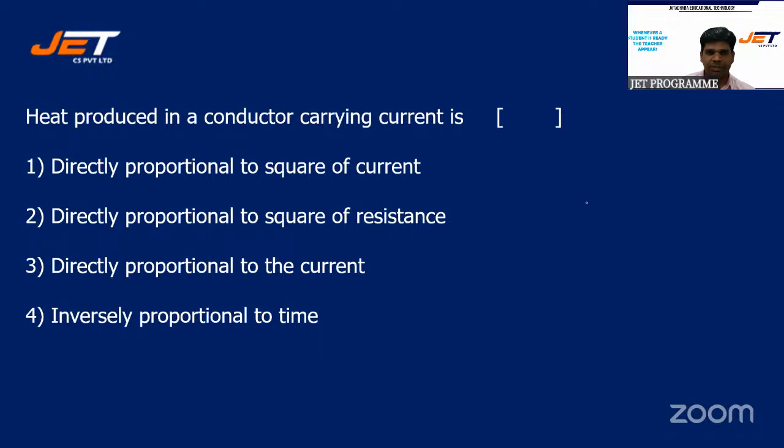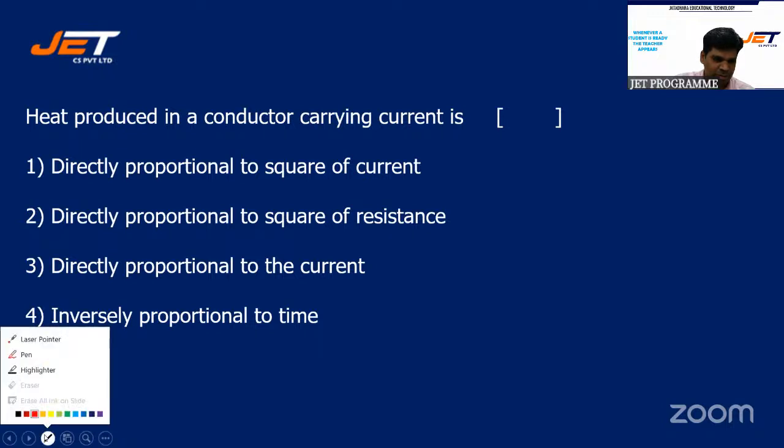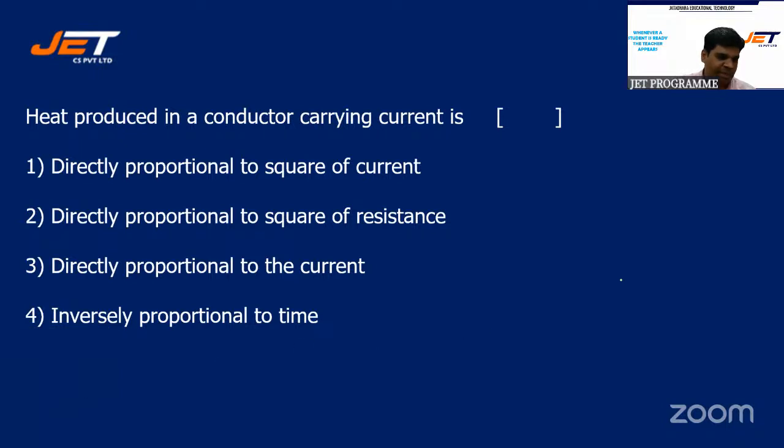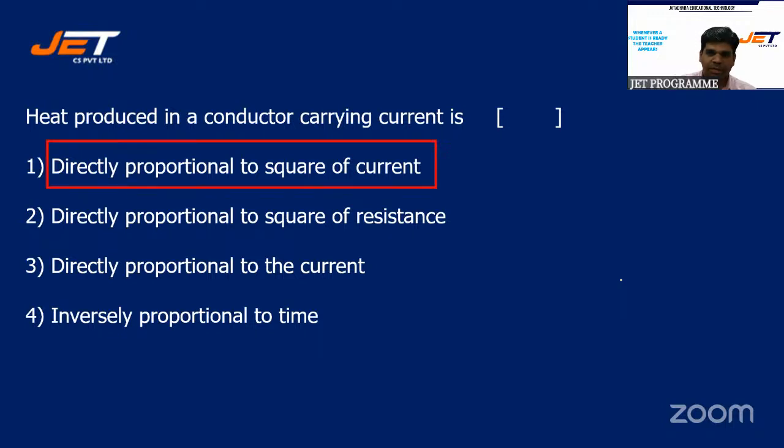If I'm not writing anything, students, it's because I'm just asking you about heat produced in a conductor carrying current. I'll choose yellow instead of red because that's brighter. So the answer is directly proportional to square of current. Heat is proportional to I square R, directly proportional to resistance of the conductor and square of the current. Right. Let's go for the next one.